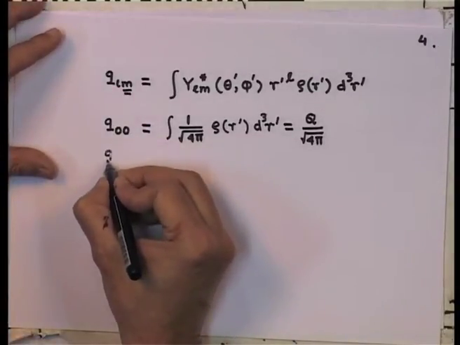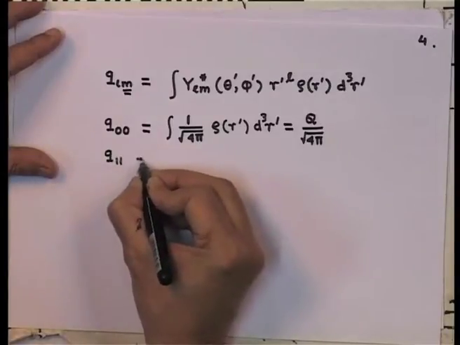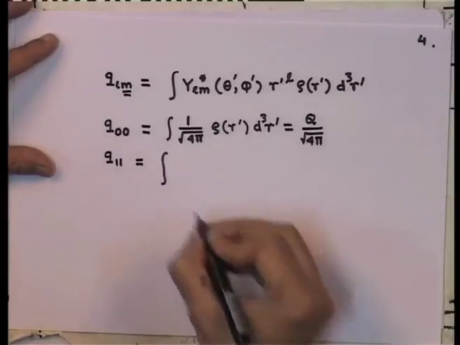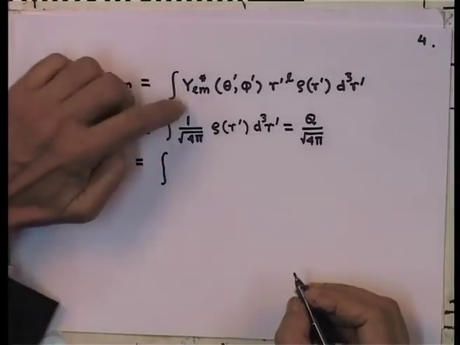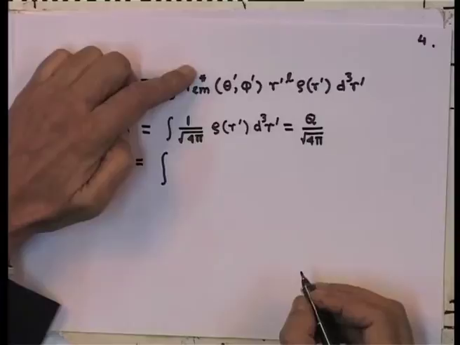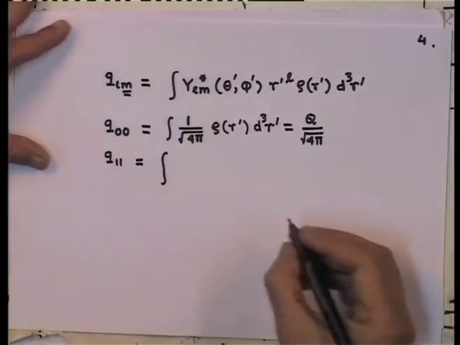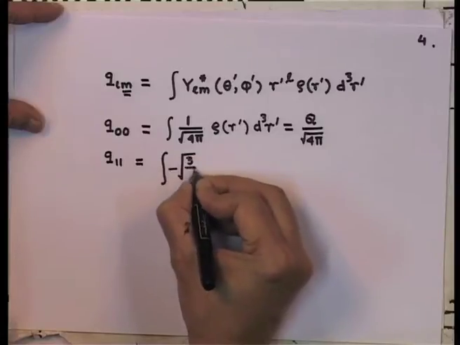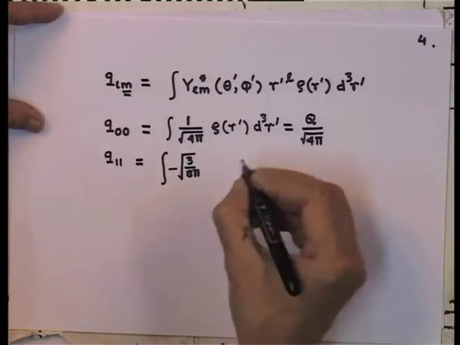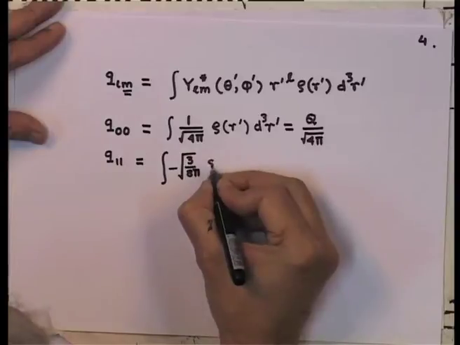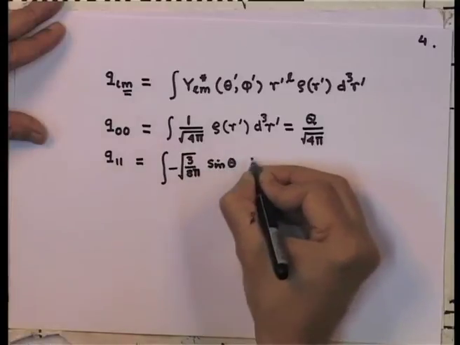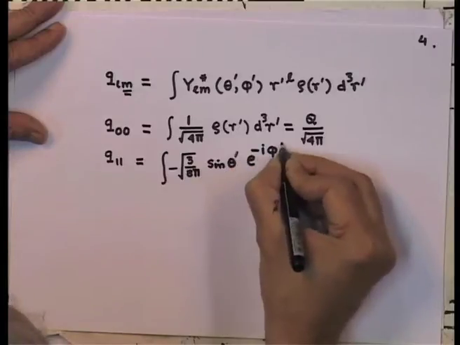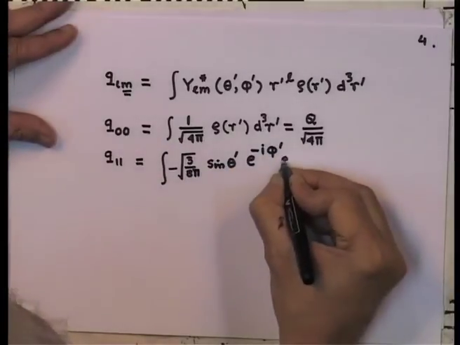Let us see what is q_11. So, once again, for q_11 I need Y_11 star, and Y_11 is minus square root of 3 by 8 pi, and I have got a sin theta, and because it is complex conjugate I pick up an e to the power minus i phi prime, of course all of them times rho(r prime).